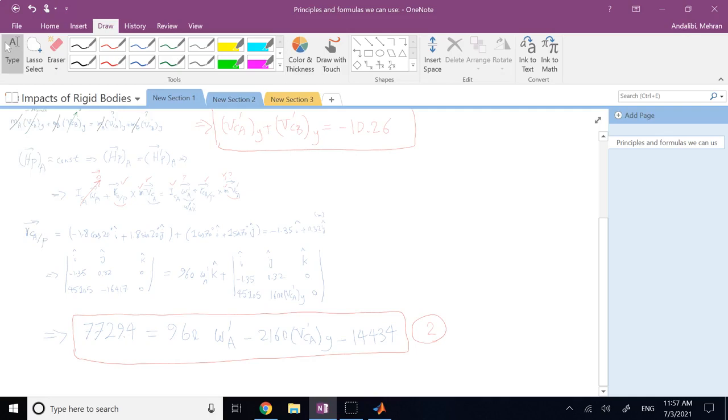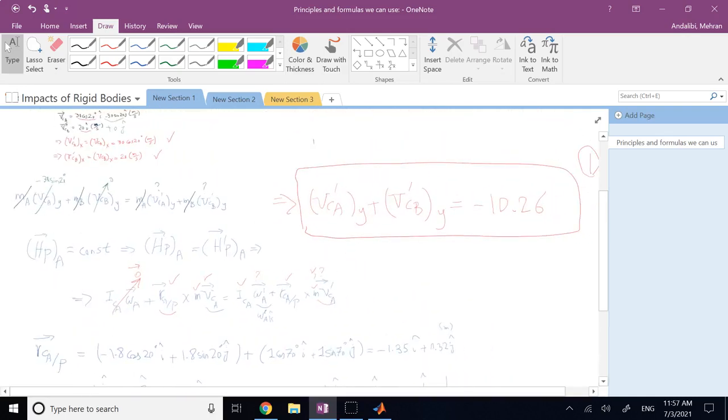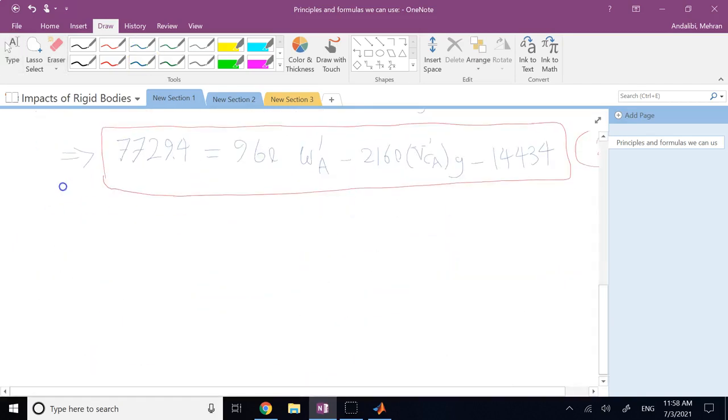I need to write a very similar equation, this time for a constant angular momentum, but instead of writing it about object A, I will write it for object B about point P constant. So it is going to be quite similar in nature, right?